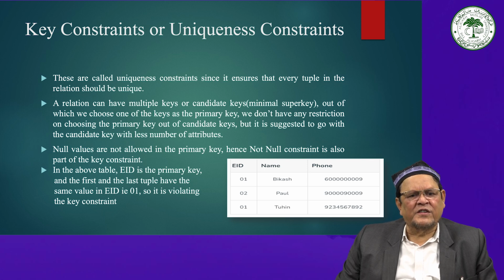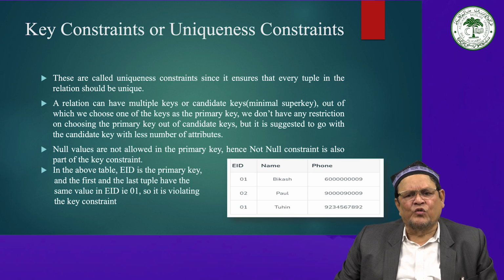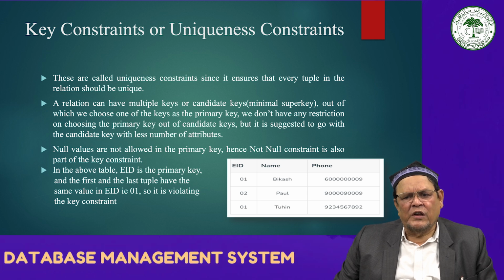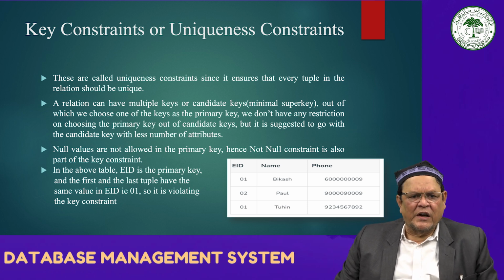Now let us understand what are key constraints or unique constraints. Key constraints, also known as unique constraints, play a vital role in maintaining data integrity within a database management system. They ensure that specific attributes or combinations of attributes in a table are unique, thereby preventing duplicate or redundant data.